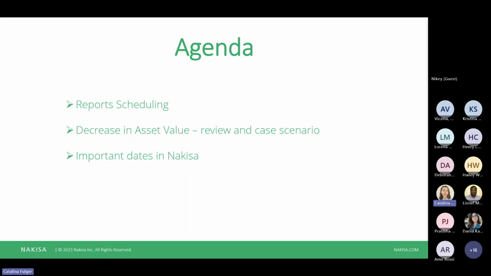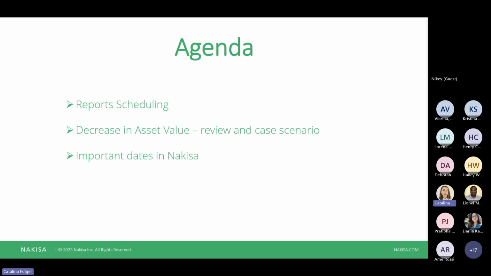As you are seeing right now, the agenda. What we have today is a capsule on report scheduling. Then we'll be discussing and reviewing a case scenario for decreasing asset value. You might remember we presented a different type of decrease in scope scenario, decrease in lease term, in our July session.